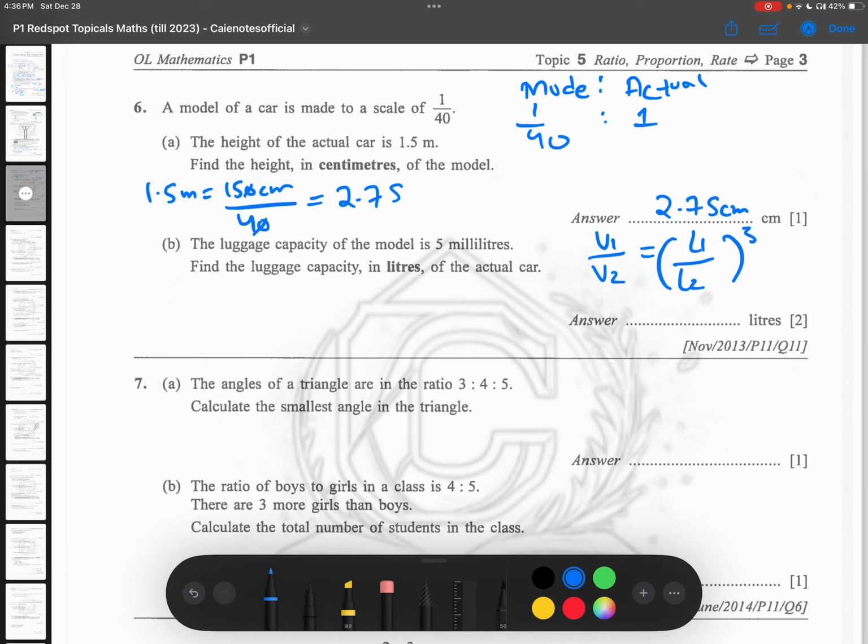So in place of V1, I will write V actual that I need to find out. And V2 will be the model capacity, that is 5 milliliters. Now in place of L1, I will write the actual length, that is 1. And in place of L2, I will write the model length, that is 1 upon 40.